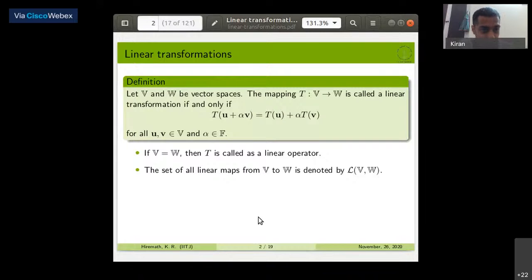Or I will ask even the rhetorical question: do we really have a choice to choose the field here if I'm considering L(V,W)? No, sir. I think it is the same underlying field on which V and W are vector spaces. Yeah, actually we don't have a choice. We have to stick with the same field which is there.